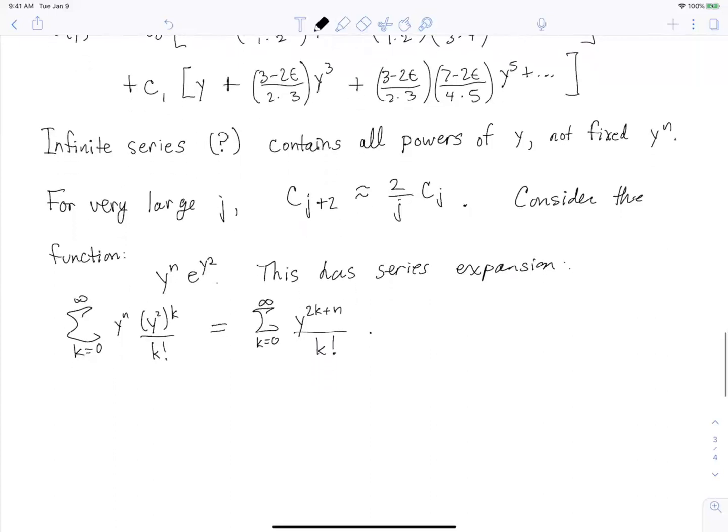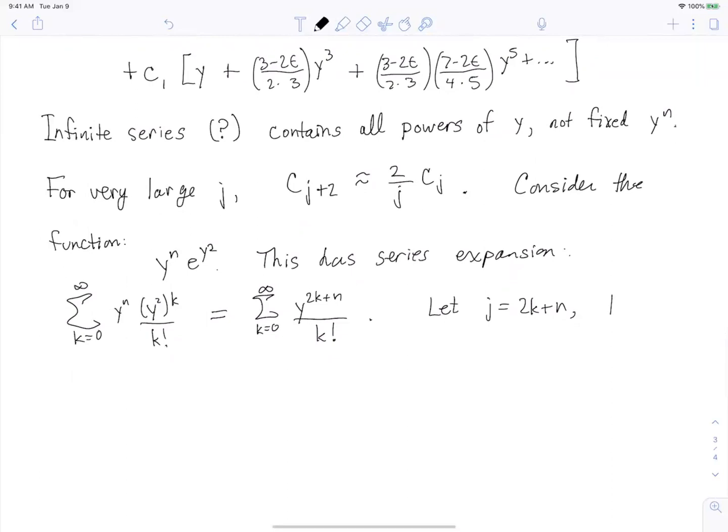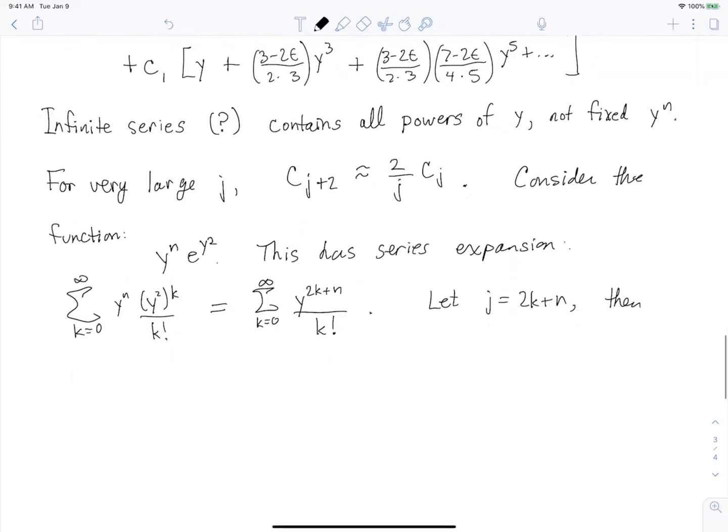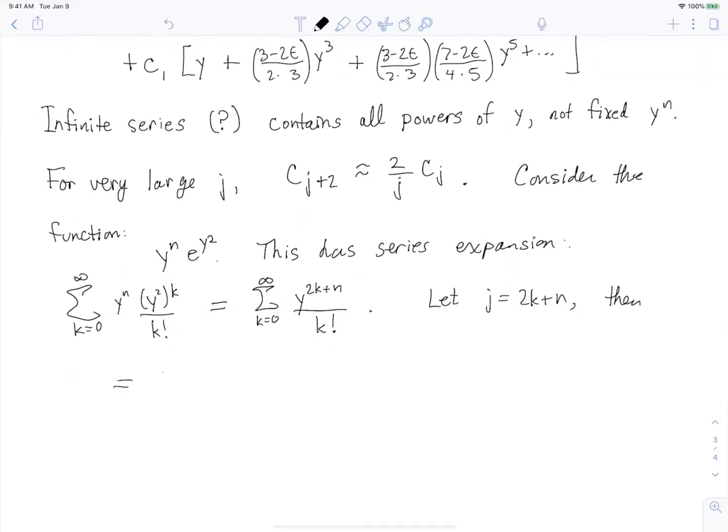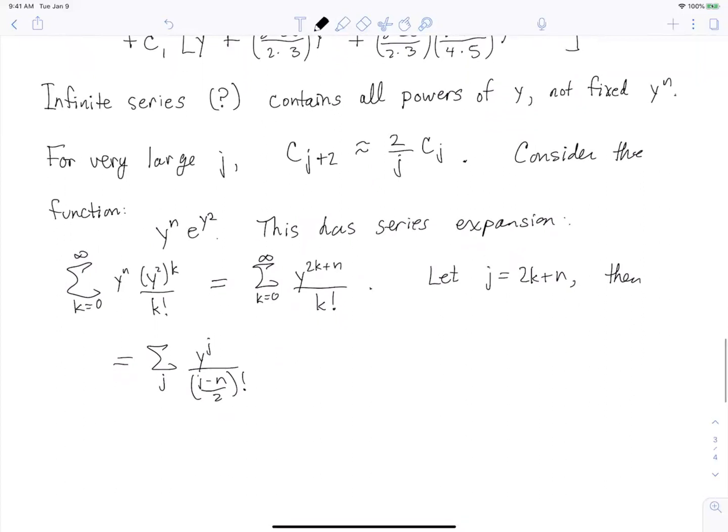Okay, and so now we can let j equals 2k plus n. There's a lot of tricks of relabeling indices today. Okay, and so then this is equal to sum over j of y to the jth power over j minus n over 2 factorial. j minus n over 2 happens to be an integer.